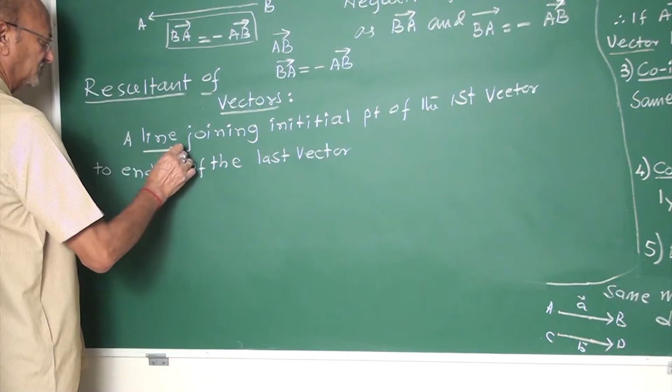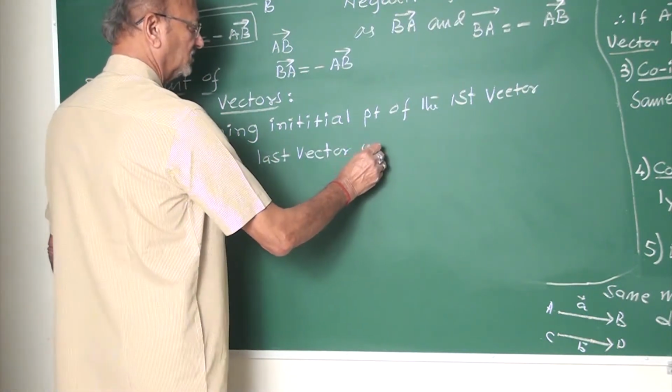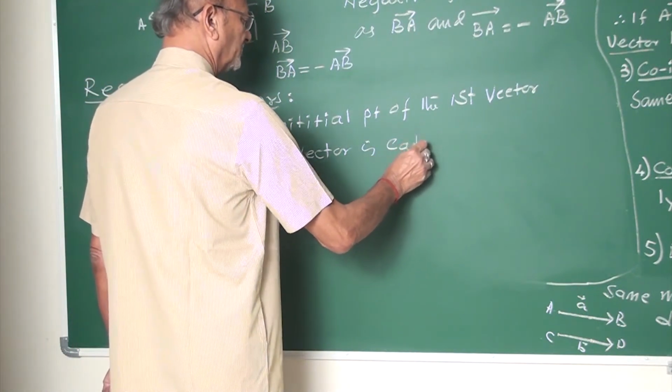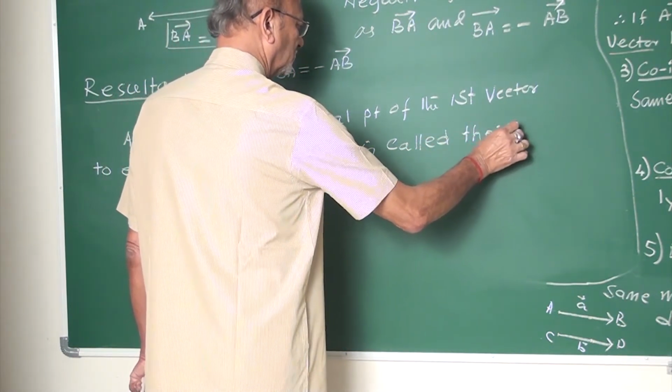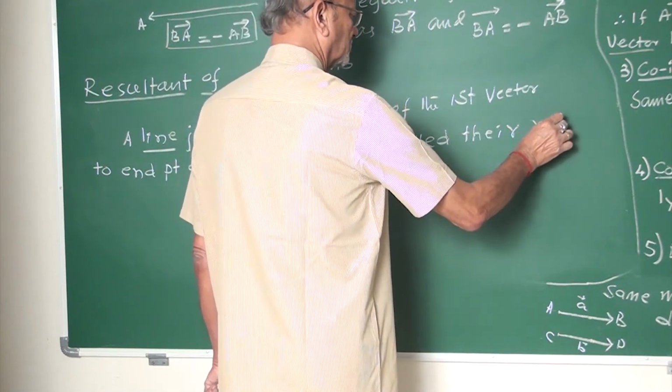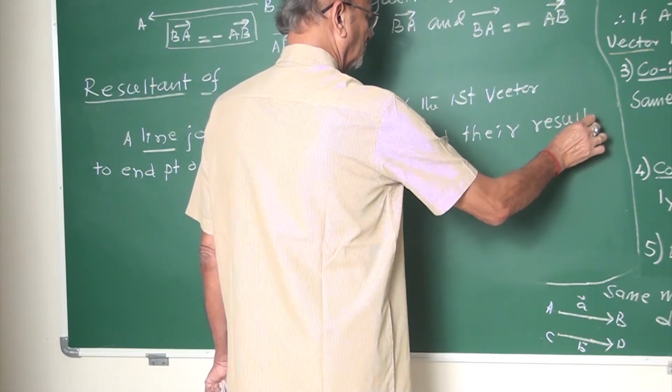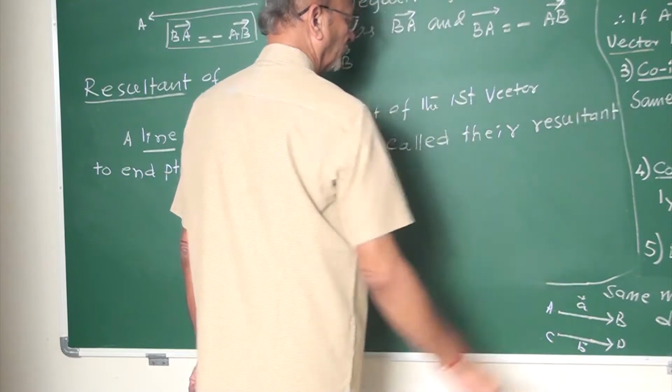This line is called their resultant, or resultant vector.